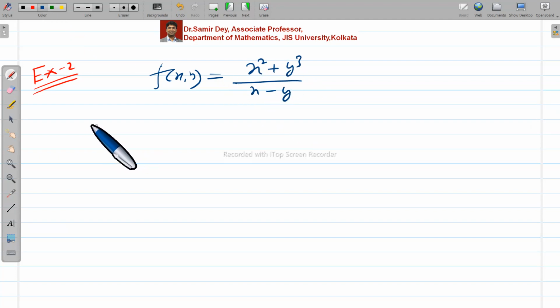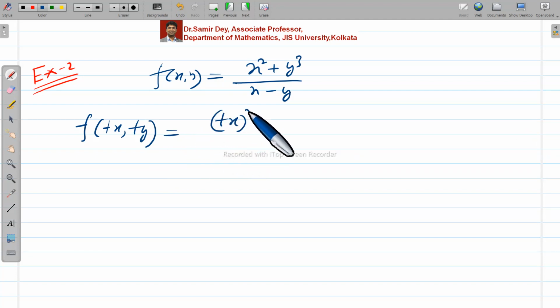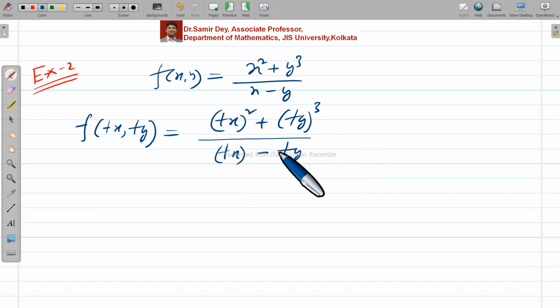Now you want to test it for this function, then what you do? Same process. So here f of tx, ty. Okay, so here you write down tx to the power square plus ty to the power cube by tx minus ty.